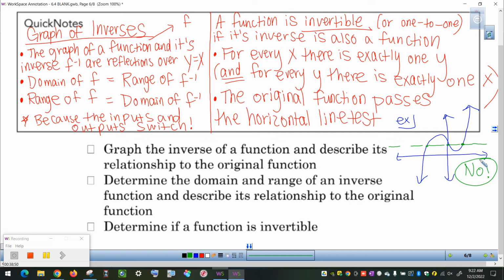It does pass the vertical line test, so the original function is a function. That's fine. But if I were to switch all the x's and y's, these 3 points, when all those y values become x values, we're going to have 3 different x values that have the same one y. When you switch it, it's not going to work. It's not going to pass the vertical line test.